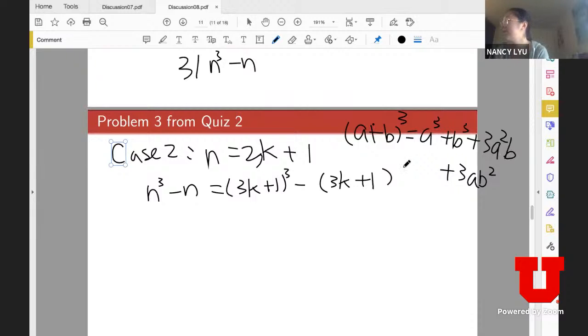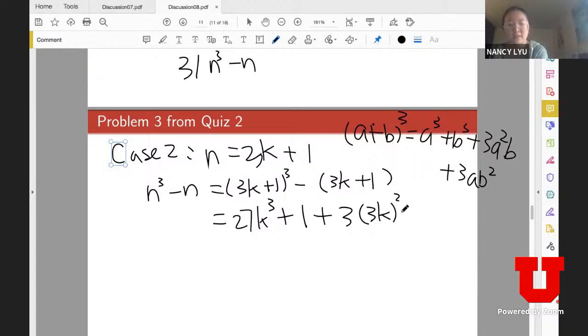So using that, we get 27k cubed plus 1 plus 3 times 3k squared times 1 plus 3 times 3k times 1 squared. And we still have minus 3k minus 1.